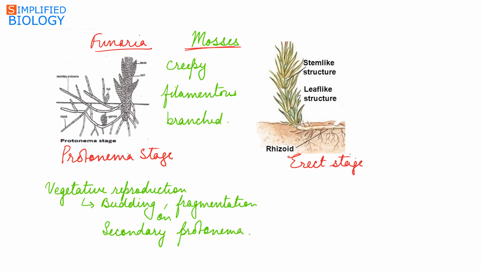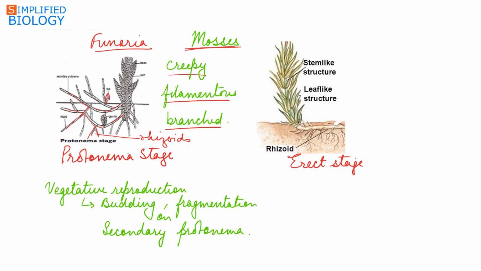In the protonema stage, the protonema is filamentous, branched, creeping, meaning it grows flat on the surface of the soil. Now, these are the filamentous branched protonema growing on the soil, attached to the substratum or the soil by the help of rhizoids.